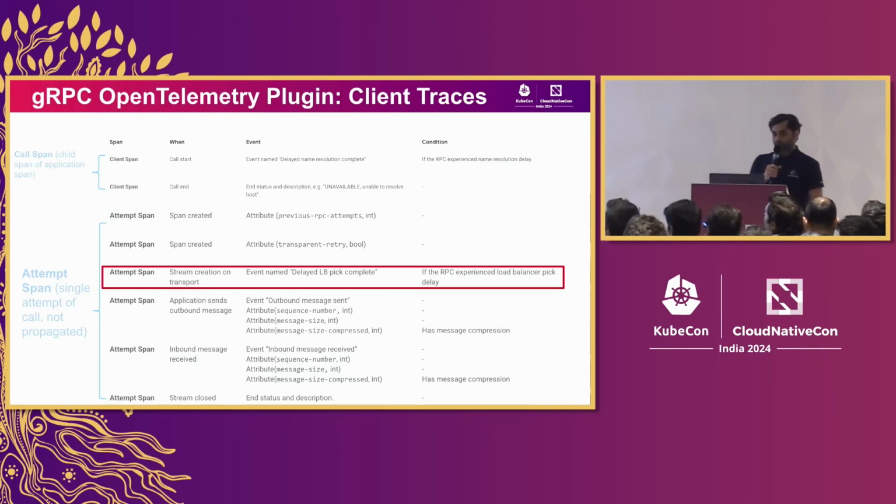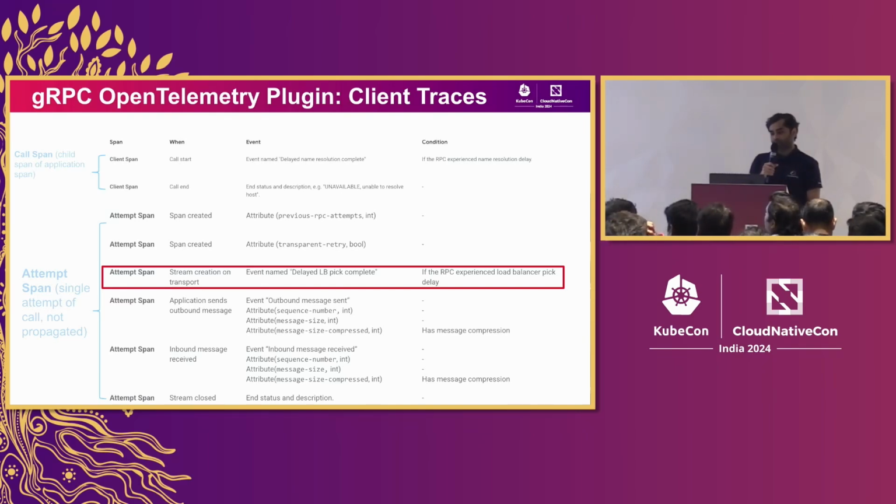So let's say you saw something called delayed LB pick complete. If you are using gRPC, this is a very common event that happens in gRPC service communication. And then you will see how these span traces are helpful, because it is explicitly showing you if your load balancer decisions are slow, and that is what is causing your gRPC application to have high latency.